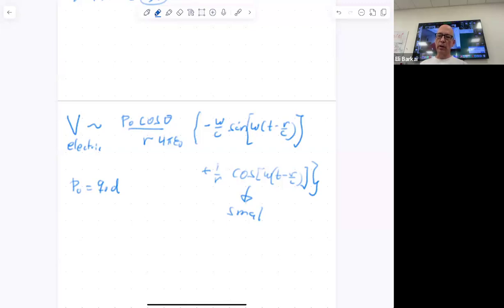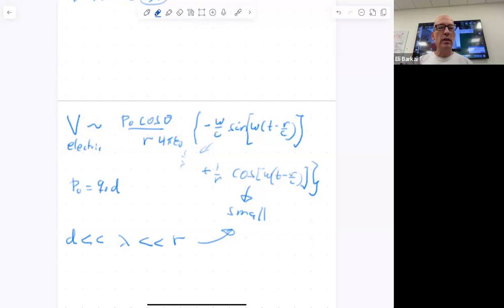And I'm assuming the following, that d is much, much smaller than lambda, which is much, much smaller than R. So from here, it's obvious that R is the big parameter. You are very far away from this emitting object. And then this is 1 over lambda here.